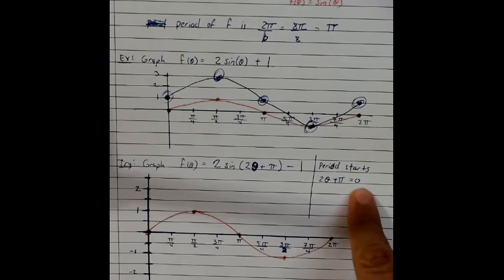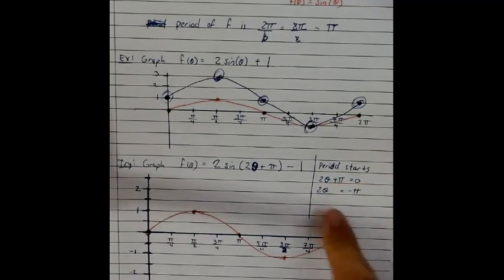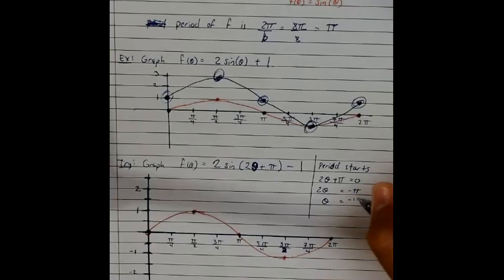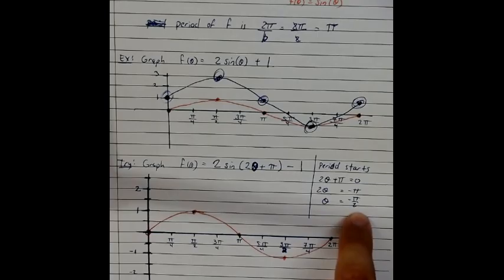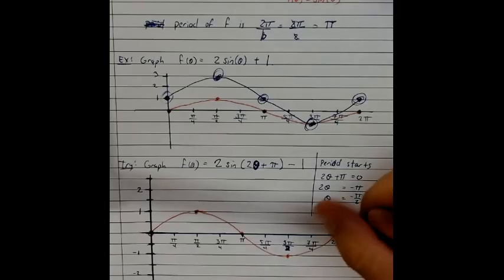I can subtract pi from both sides to give me 2 theta is equal to negative pi, and then divide both sides by 2 to give me theta is equal to negative pi over 2. Okay, so I know my period's going to start there, and I know it's going to end whenever this argument is equal to 2 pi.